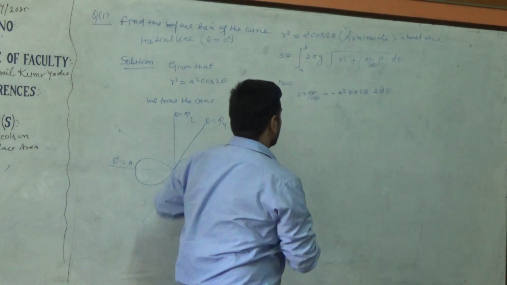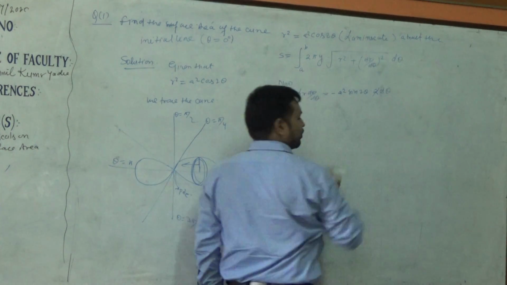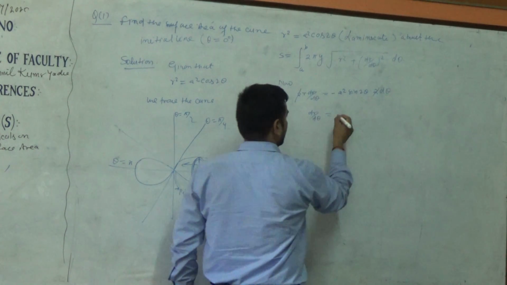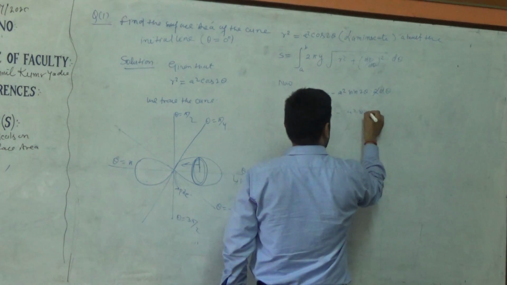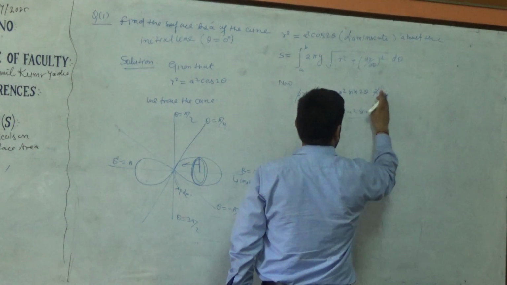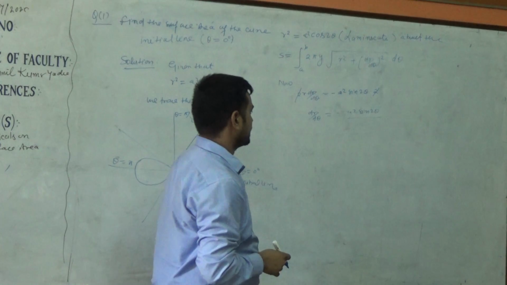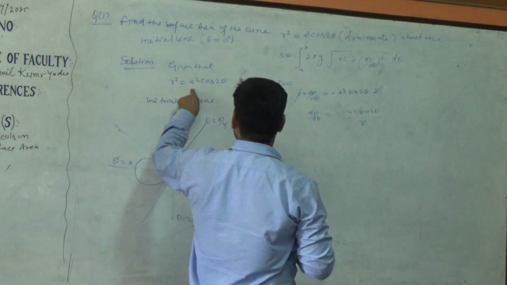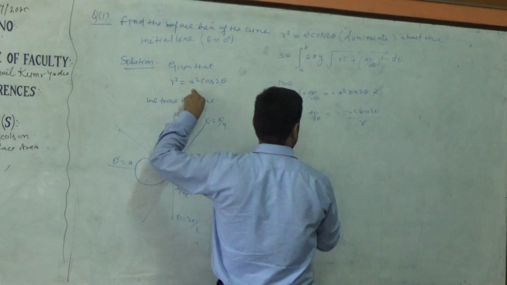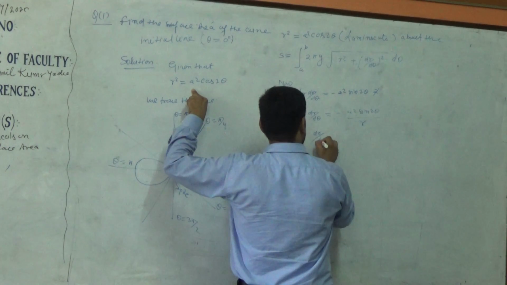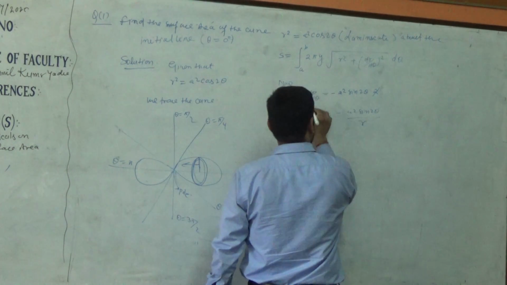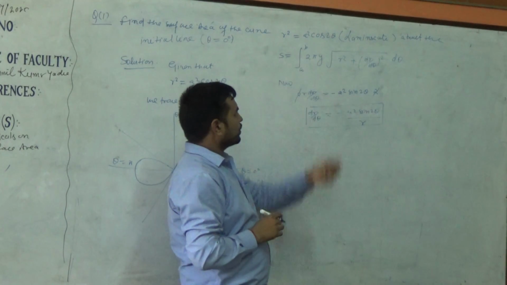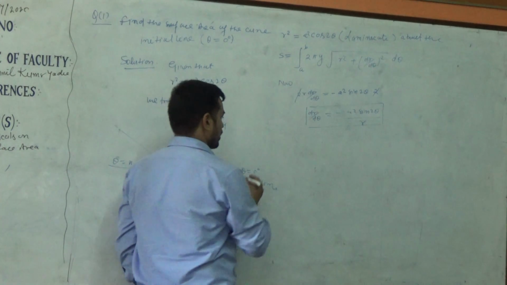Now 2 is cancelled from both sides, and the value of dr upon d theta will be minus a square sin 2 theta upon 2r, that is minus a square sin 2 theta upon r. Now we substitute this value in the formula.